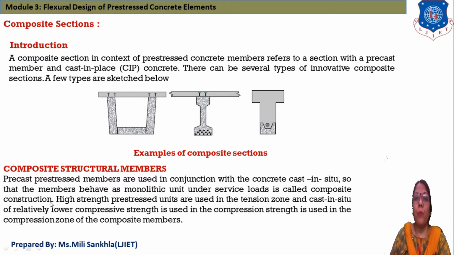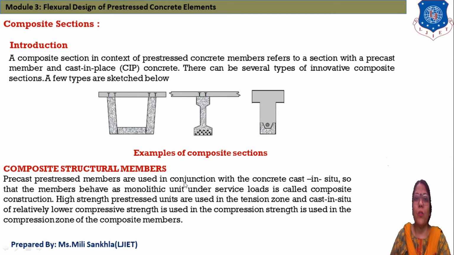The bond between the precast prestressed member and the cast in situ concrete behaves monolithically, and this is known as our composite structural member.